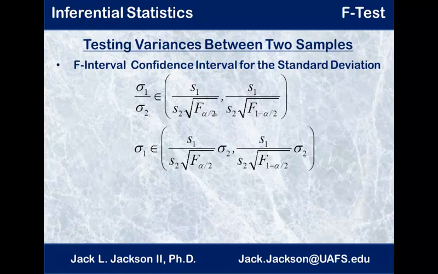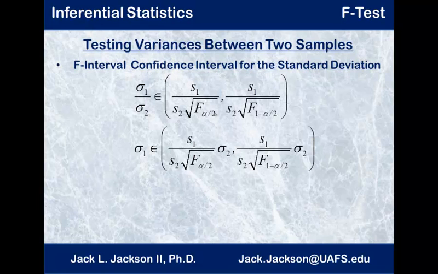F sub alpha over 2 is going to be bigger than F sub 1 minus alpha over 2. But use the right one to figure the left limit.